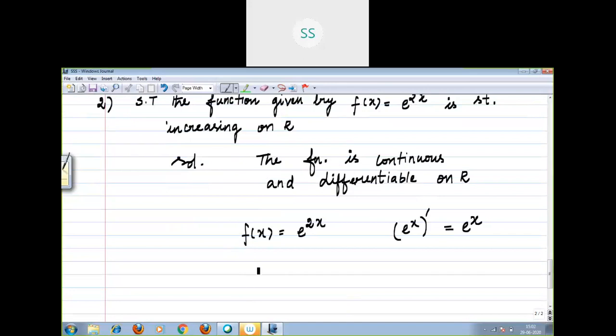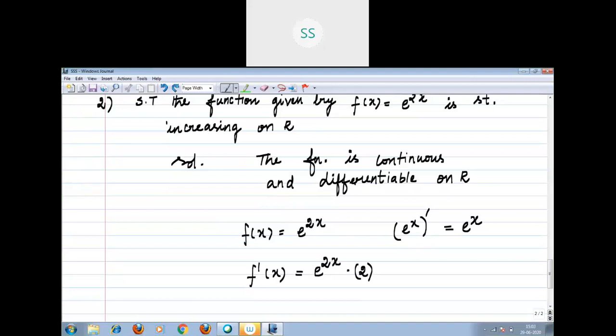Here you see, what is the derivative of e power 2x? It is e power 2x. Again, when you differentiate 2x, what will you get? 2, right? Here the coefficient of x is 1, so you don't write into 1, but except 1, if any other coefficient is there and you differentiate, it will act as a product.